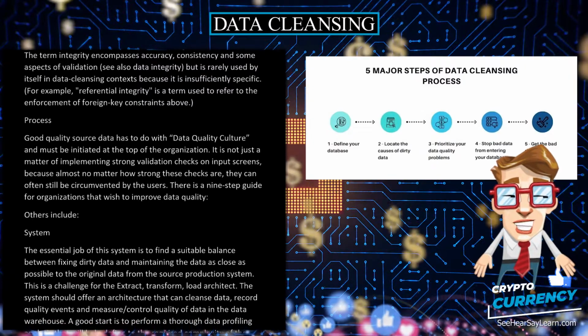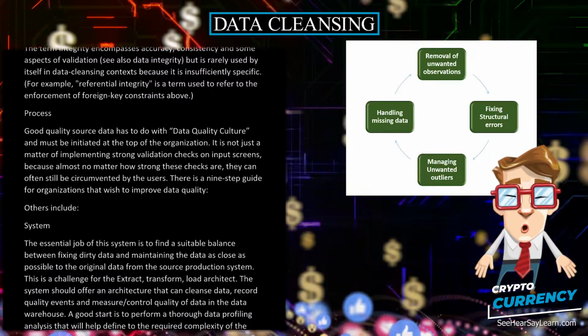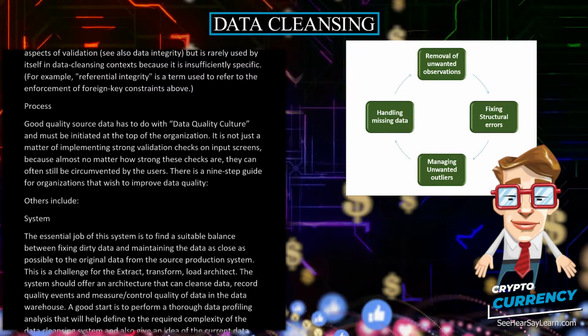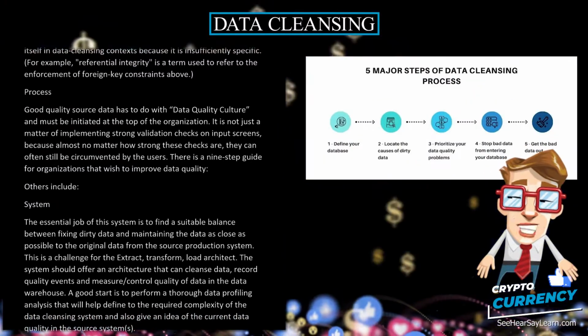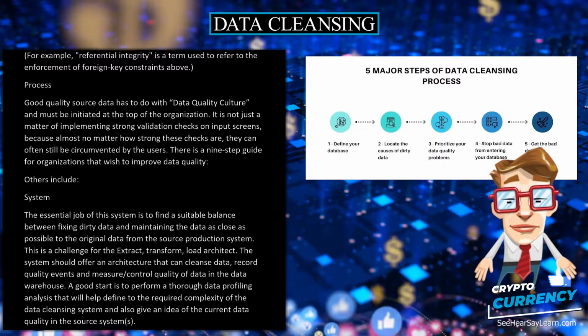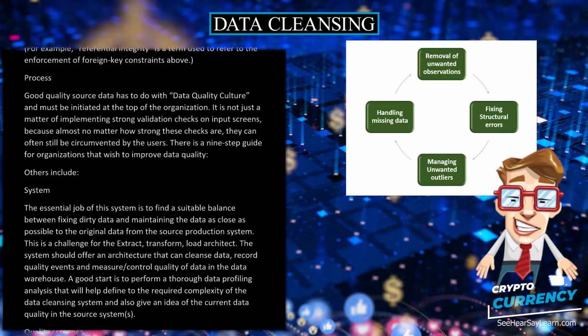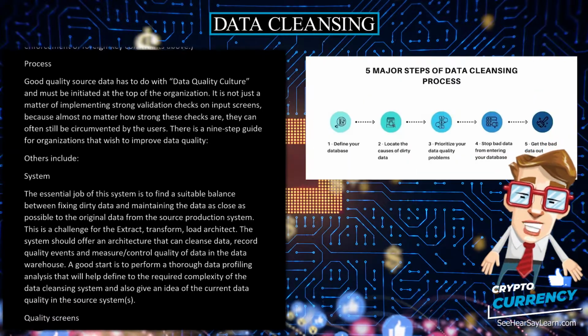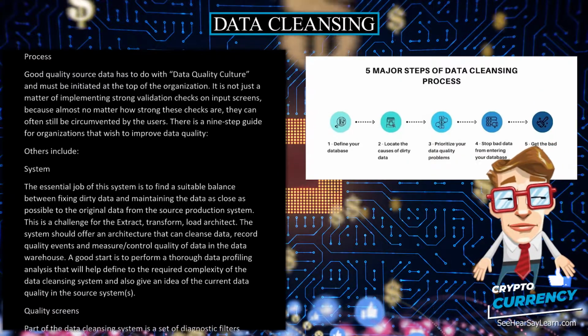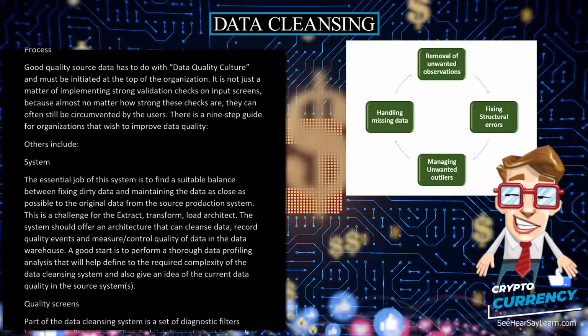There is a 9-step guide for organizations that wish to improve data quality. Others include: system. The essential job of this system is to find a suitable balance between fixing dirty data and maintaining the data as close as possible to the original data from the source production system. This is a challenge for the extract, transform, load architect.